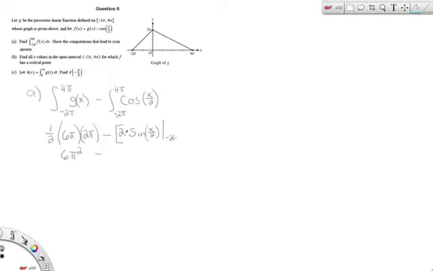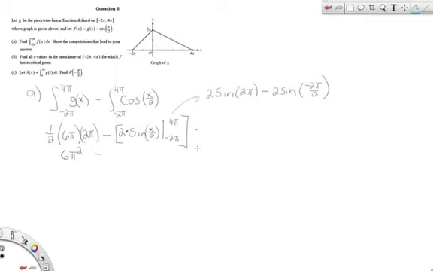Evaluate it from negative 2 pi to 4 pi, and so that's going to give me just this portion is going to be 2 times the sine of 4 pi over 2 goes in here, the 2 reduces, and I get 2 pi, minus 2 sine, I'm going to put negative 2 pi in, negative 2 pi over 2, which is going to be negative pi, and the answer in both of those is 0.